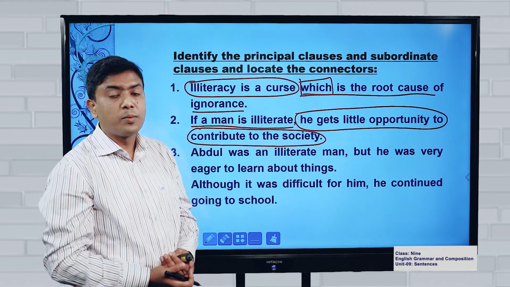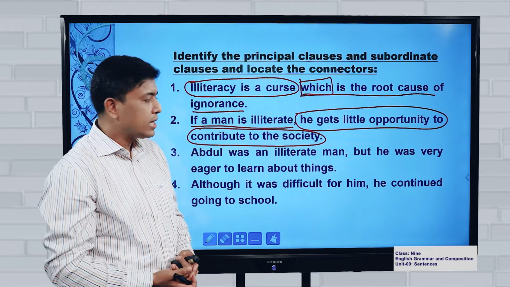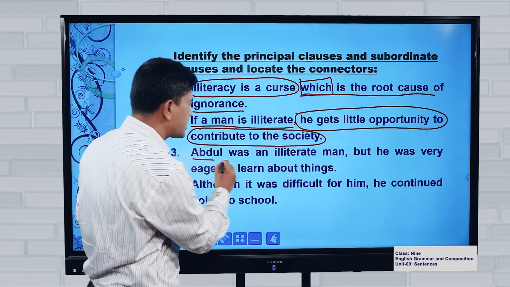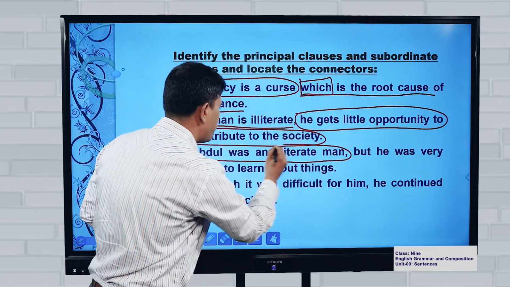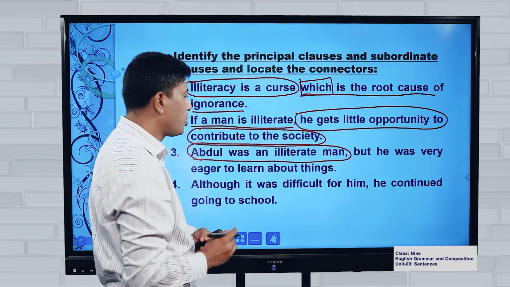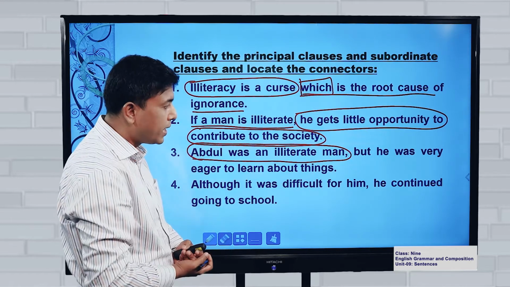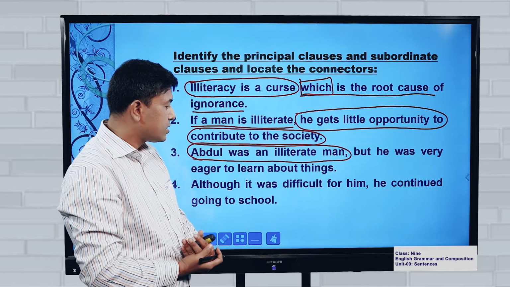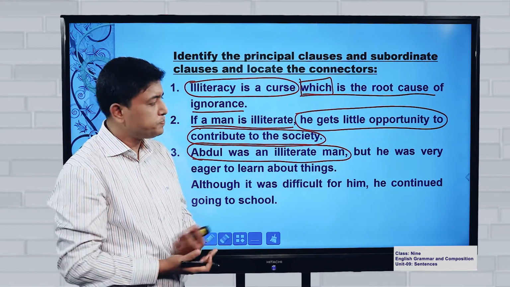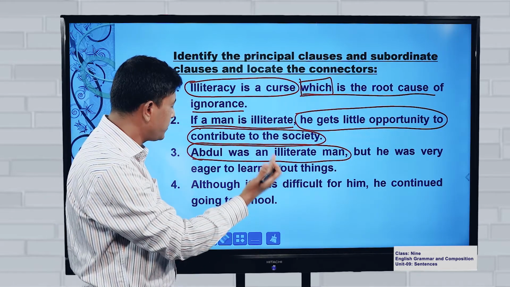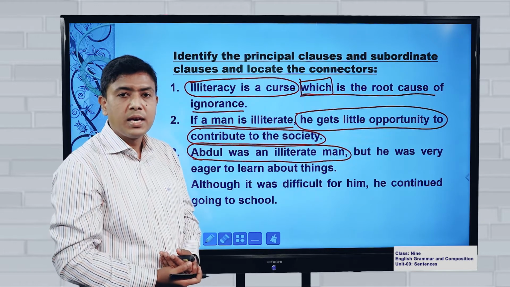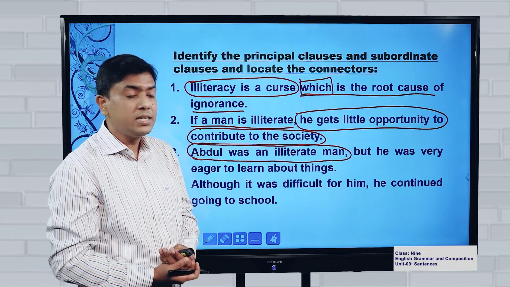Third one, Abdul was an illiterate man. It is giving us a complete thought, complete idea. Therefore, this is our independent clause. Abdul was an illiterate man, but he was very eager to learn about things. So when we say he was very eager to learn about things, it is also giving us a complete idea.